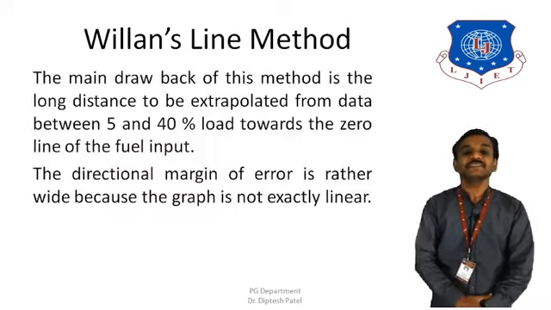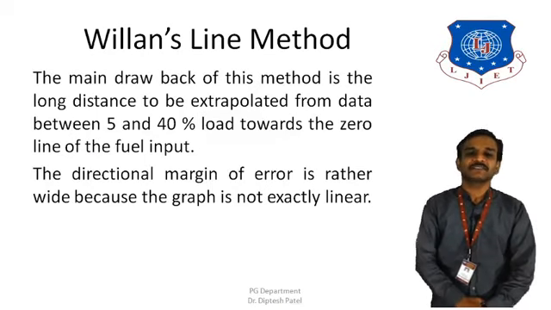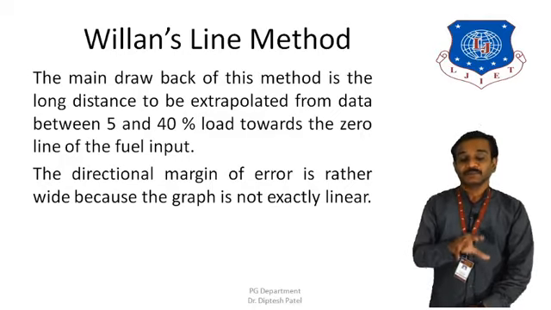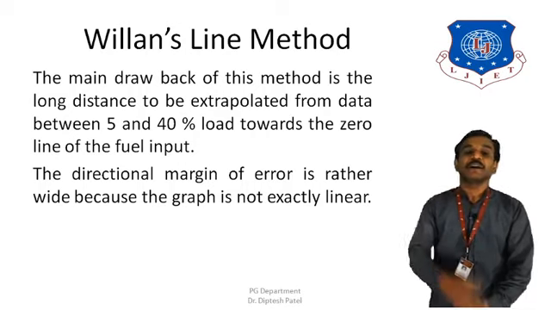The Williams line method is also easy, but there are certain drawbacks. The main drawback is that it is not possible to extrapolate over long distances from data in between, let's say 5 to 40% toward the zero line of the fuel input.